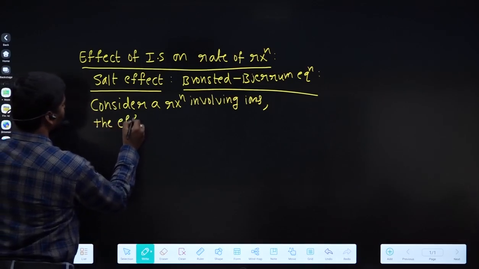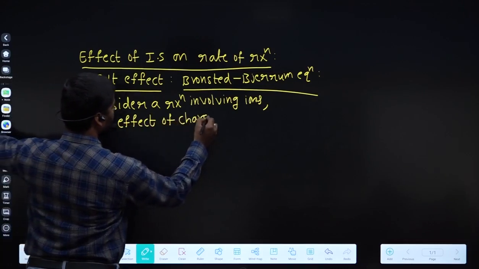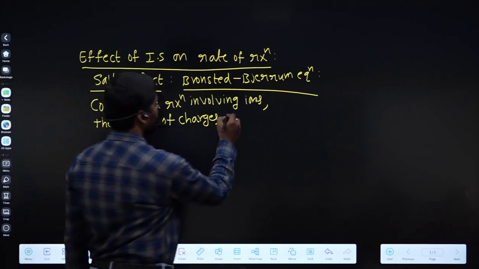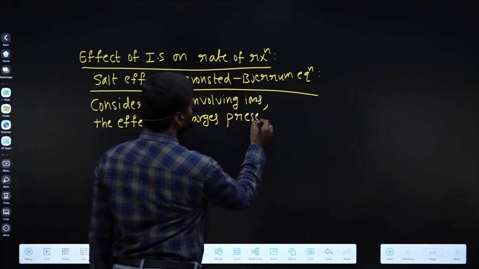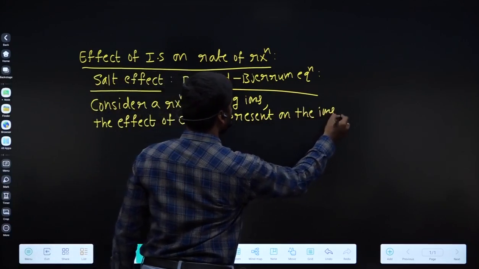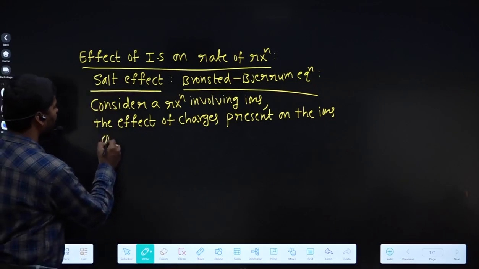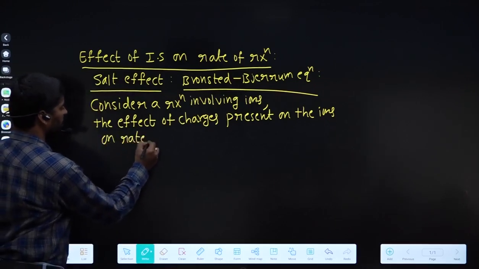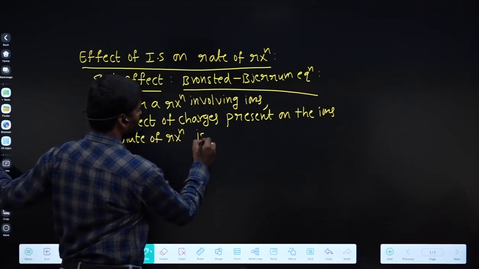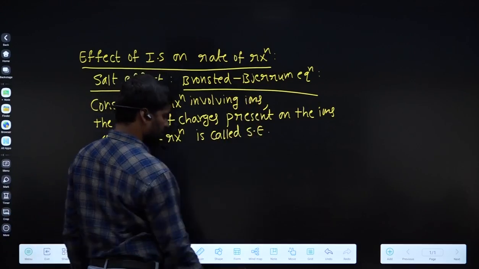The effect of charges present on the ions on rate of reaction is called salt effect.